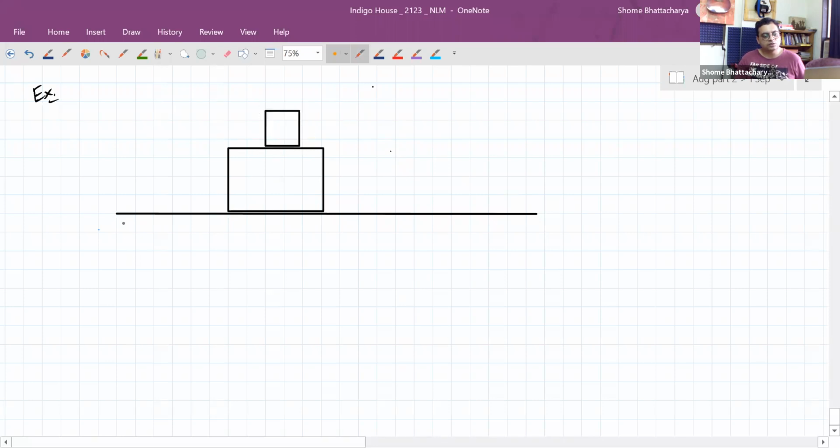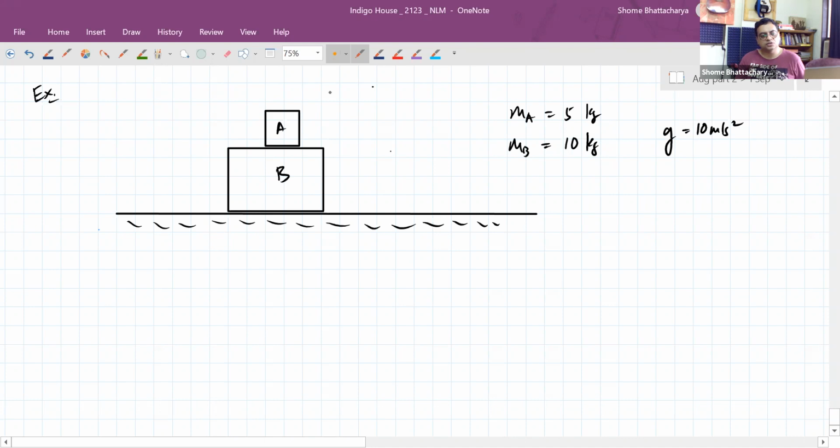Okay. So we're not applying any external forces and all that. Okay. It's just two simple blocks which are kept one on top of each other, and their masses are like this: 5 kg, 10 kg, and take the value of g as 10 meters per second square. So now we want to find the normal contact force between A and B, or the normal contact or reaction force.